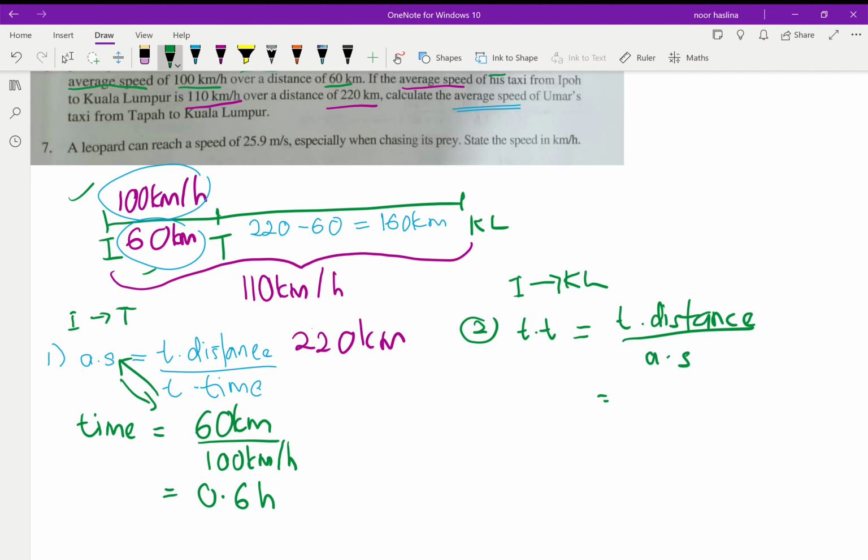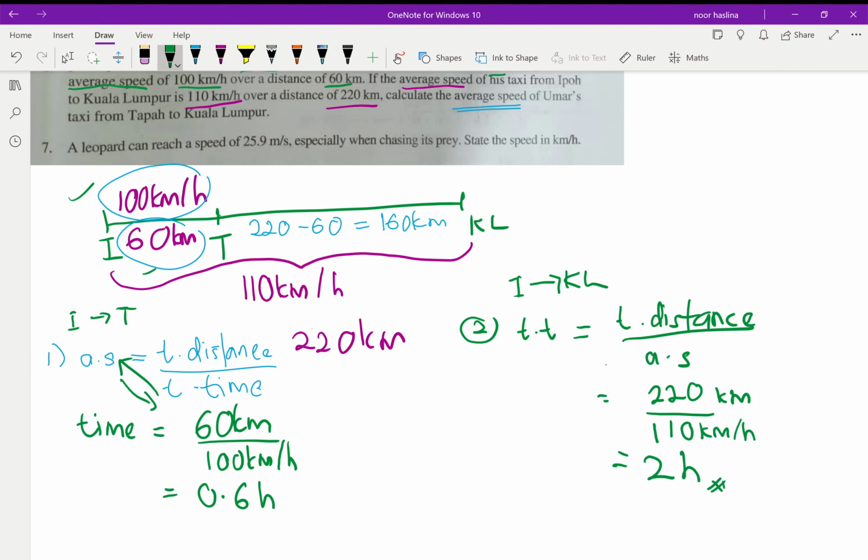Now what is the time from Ipoh to Kuala Lumpur? Total distance is 220 over 110, kilometer per hour. So 220 divided by 110 equals 2 hours. That means total time is 2 hours.